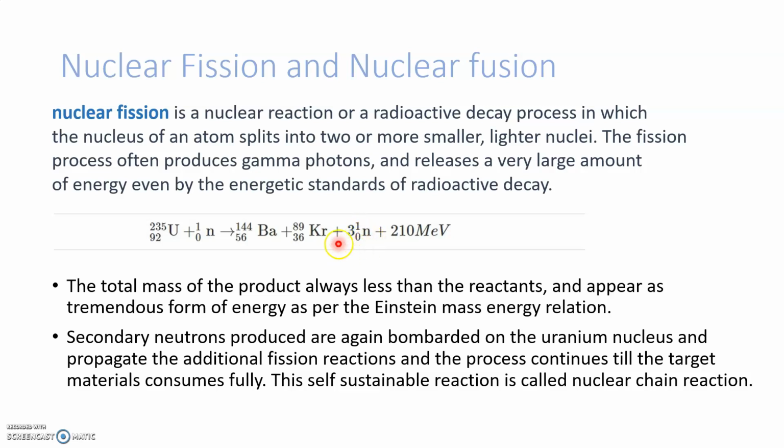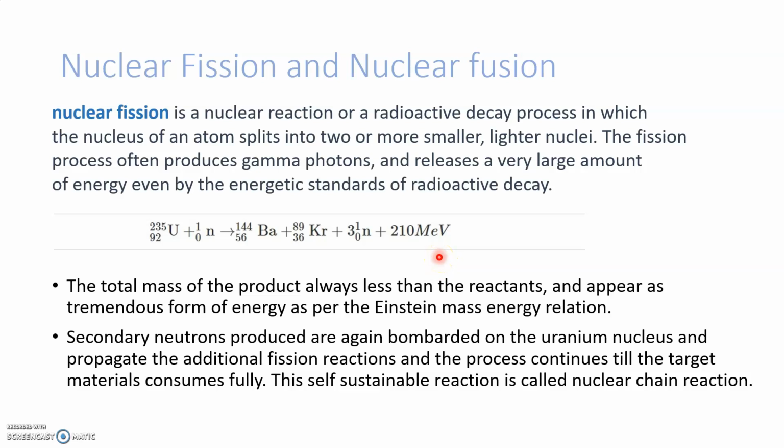That is, the secondary neutrons produced again bombard the uranium nucleus, and it can further produce barium and krypton. After a long time there are so many neutrons, and the process continues in an uncontrollable manner. So it can result in an explosion, and a huge amount of energy is released during this process.